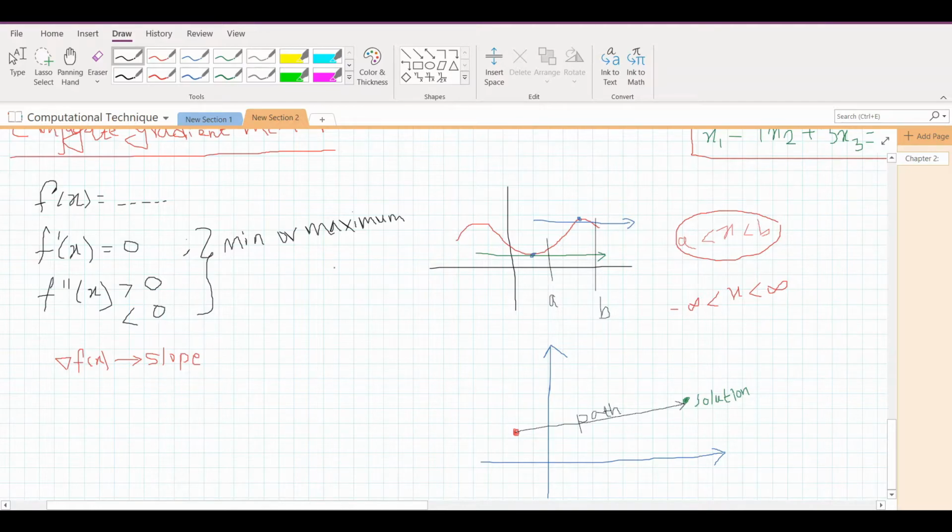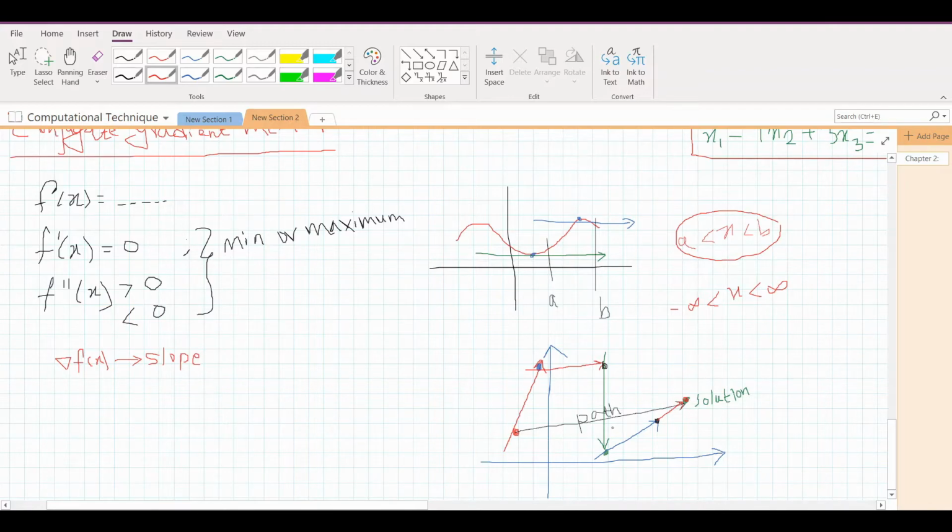So what I do is first find the derivative of the function at this point and move in this direction to a certain point here, and then we find another slope and move in that direction to a point here, then find the slope at this point and move in this direction, then find the slope here, move in this direction, and finally we move in this direction and reach our solution.